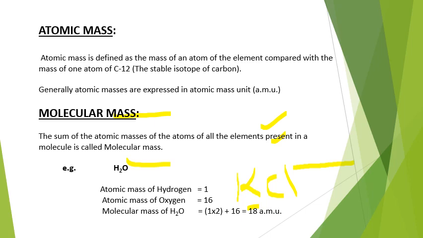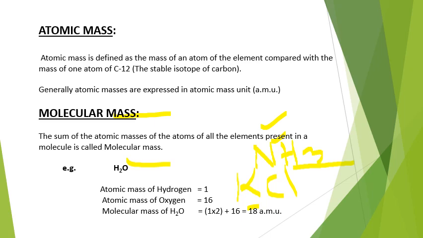Here in this water molecule, atomic mass of hydrogen is 1, atomic mass of oxygen is 16, as there are 2 atoms of hydrogen. So multiply it with 2 plus 16, it will come out as 18 AMU. Similarly, what is the molecular mass of NH3?